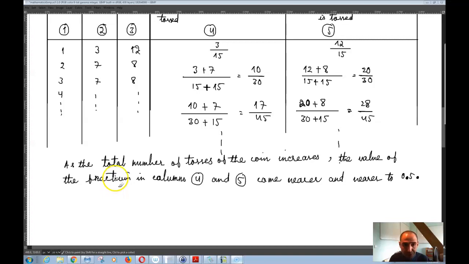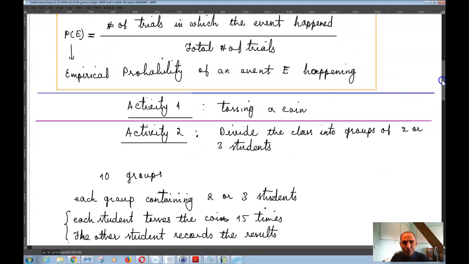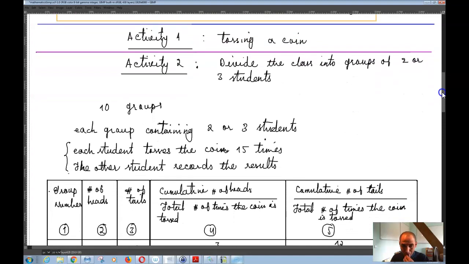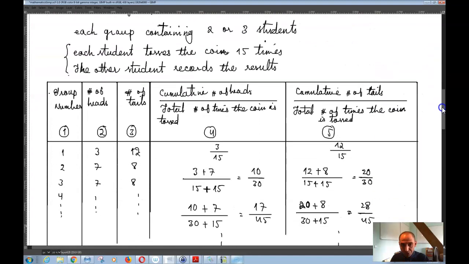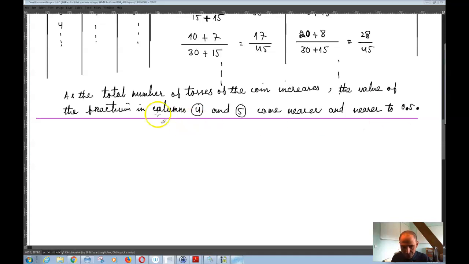Okay, so now the next basic situation that we had here was activity number 3.